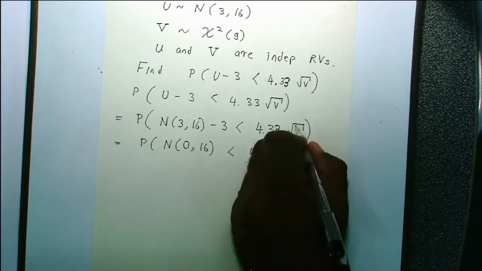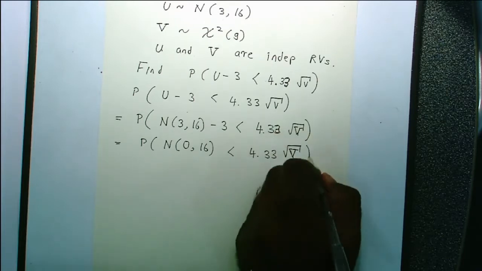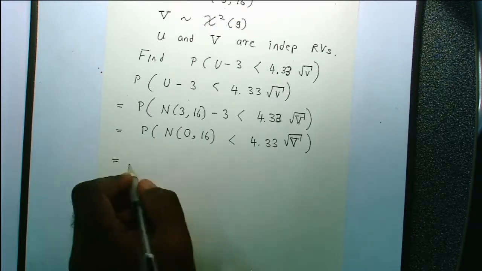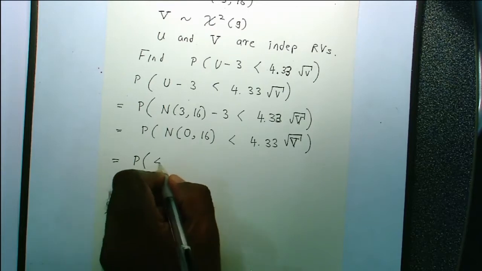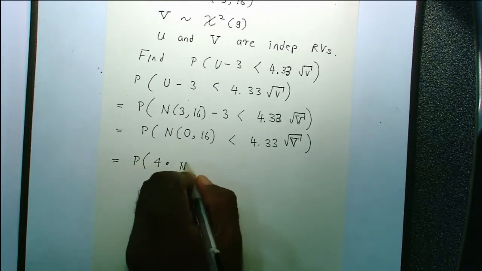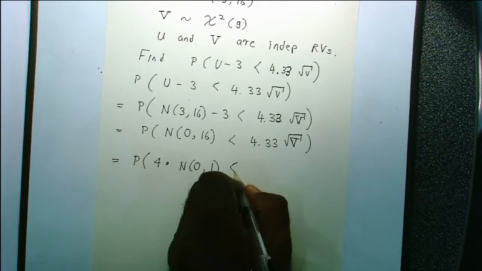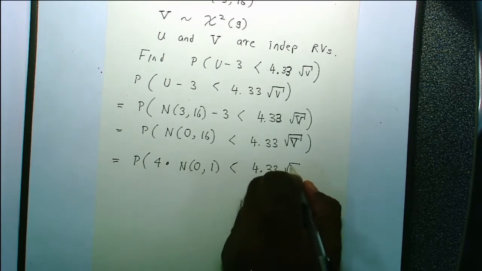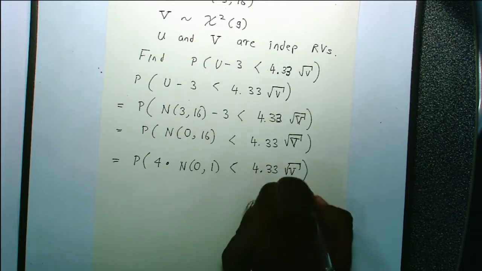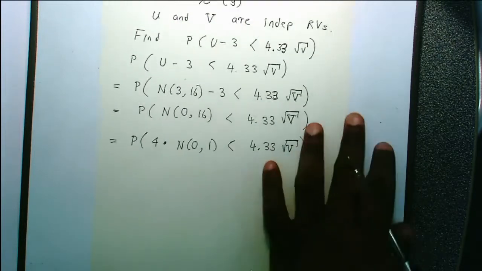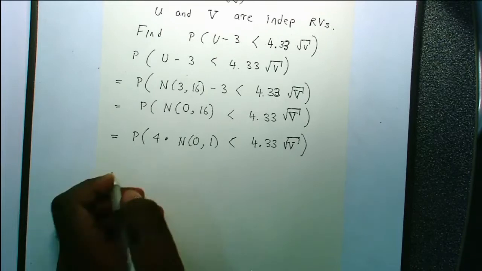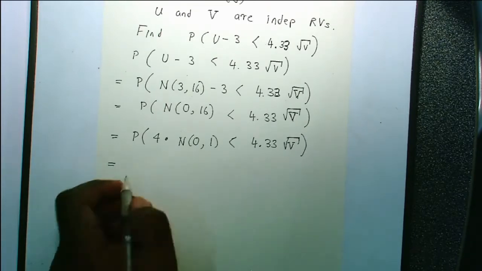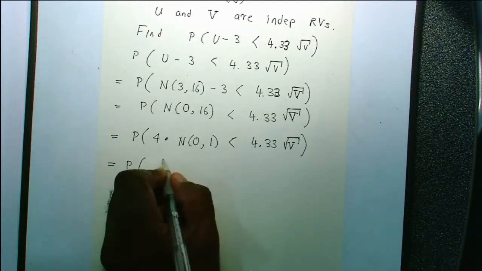Okay, this is V, guys, V. Right, now this you can write as 4, okay, right, and this you can write as follows: normal.